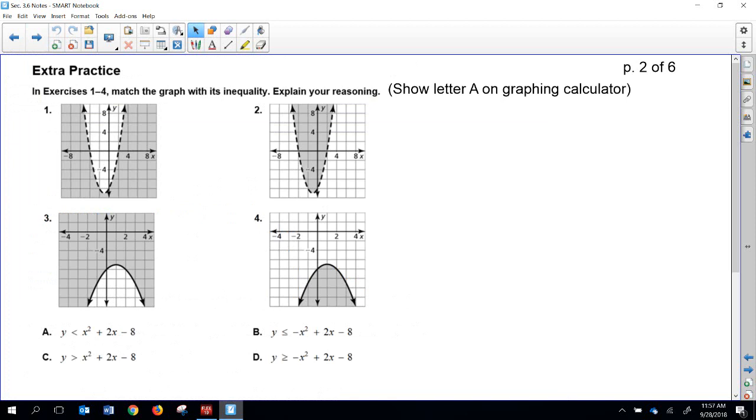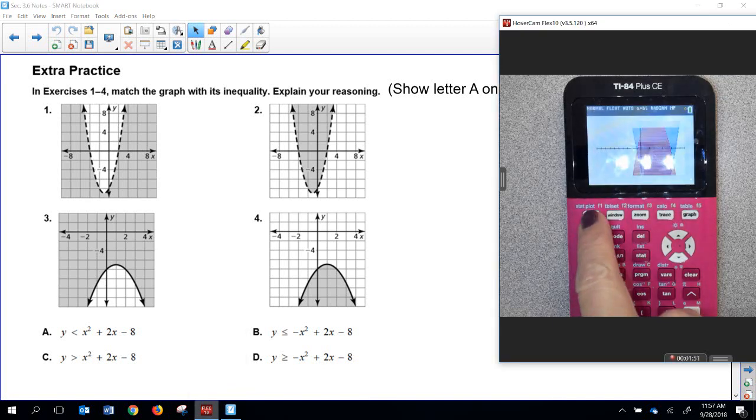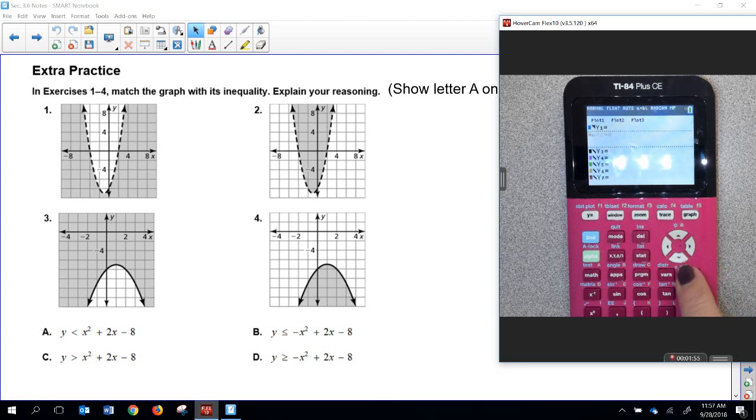Looking at these, the first thing we're going to do is put letter A into our graphing calculator. So get out your graphing calculator if you haven't already. We're going to go to y equals. We're going to clear anything out that's in there now.